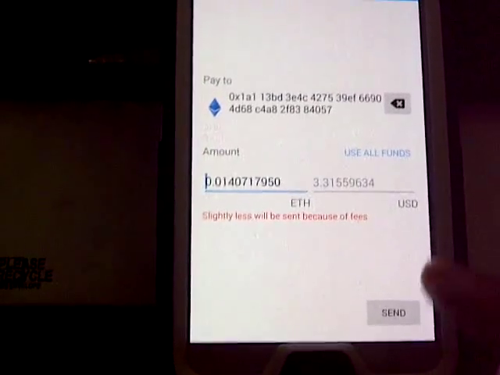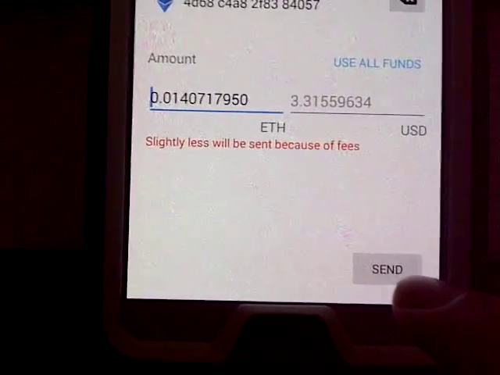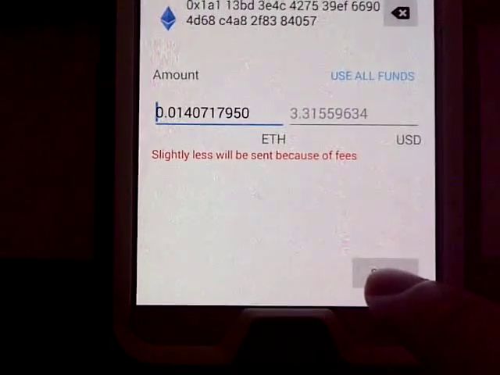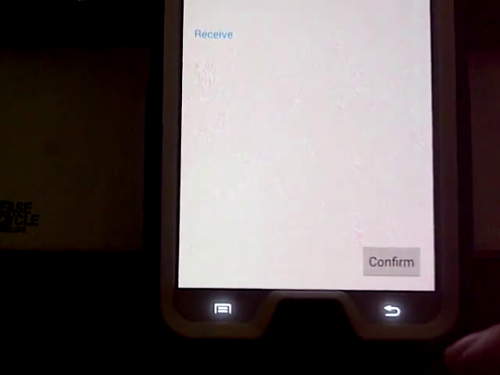Not a problem. Let's send it. And then it's going to ask to confirm. I wonder if I send it to myself, it just automatically does it. Let's just confirm it. Why not? I'm just experimenting with it.